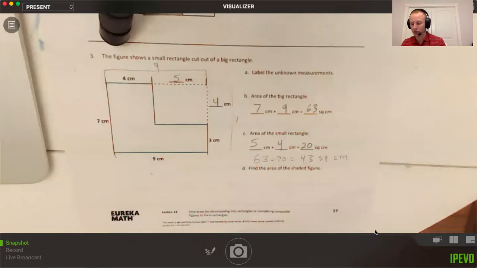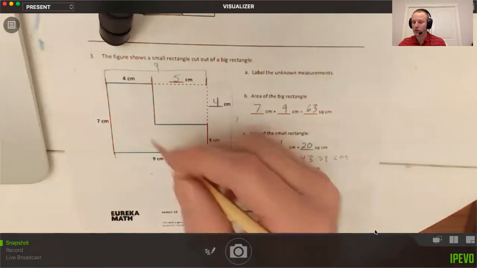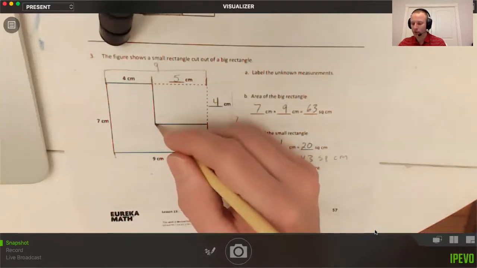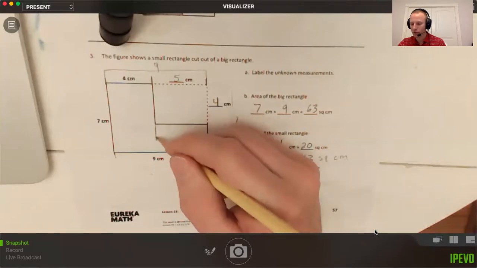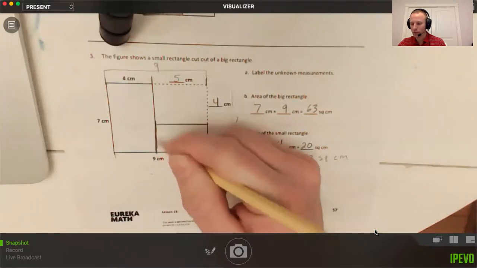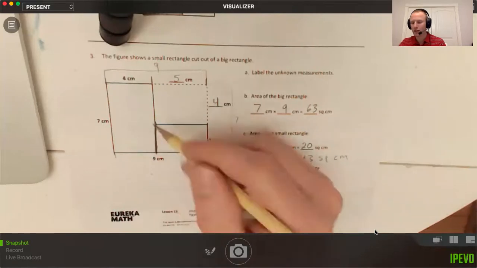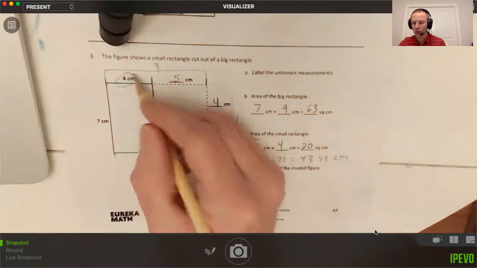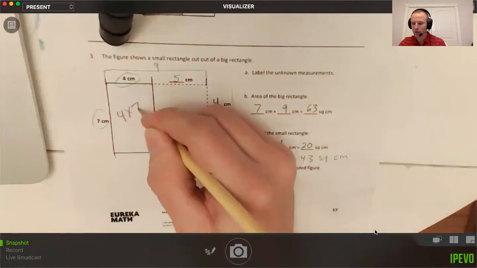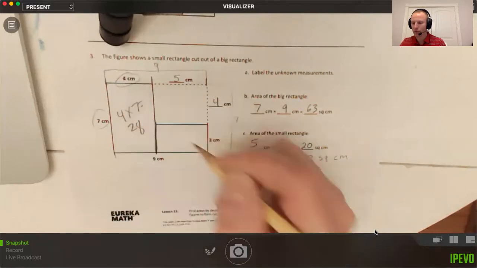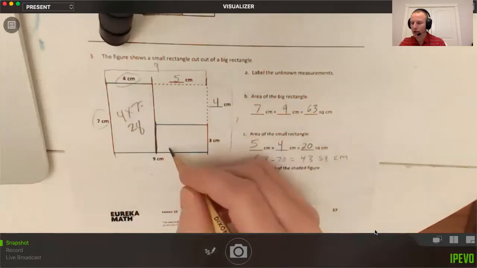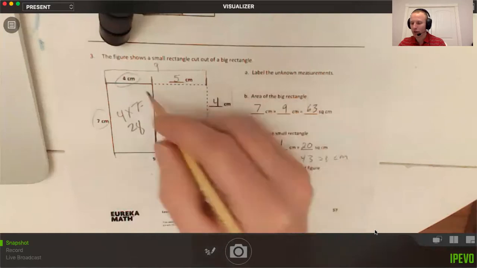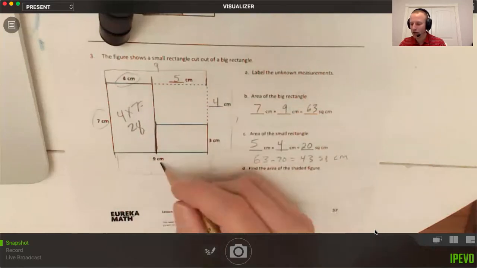The other way to do it would be to do something like this. Take this rectangle and turn it into 2 rectangles. Now I have a 4 by 7. 4 times 7 equals 28. And I have 3 by, well, we figured out that that was 5, because again, if this whole thing is 9, right?